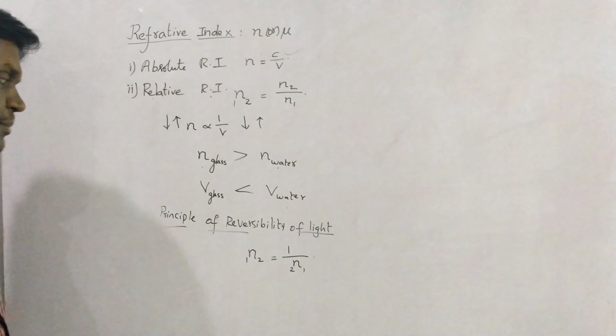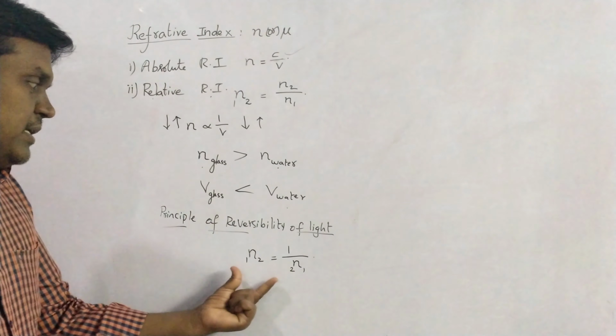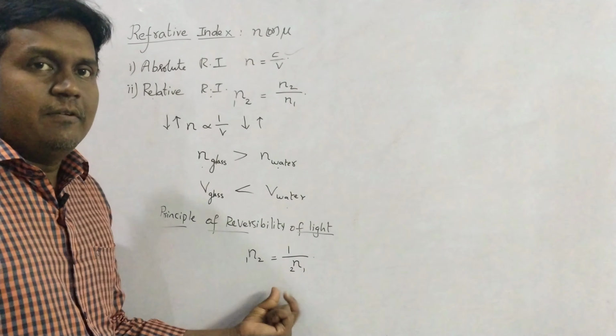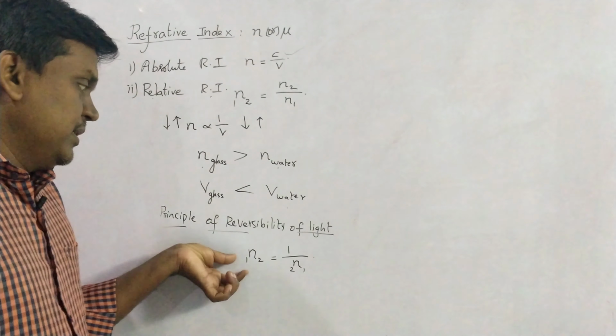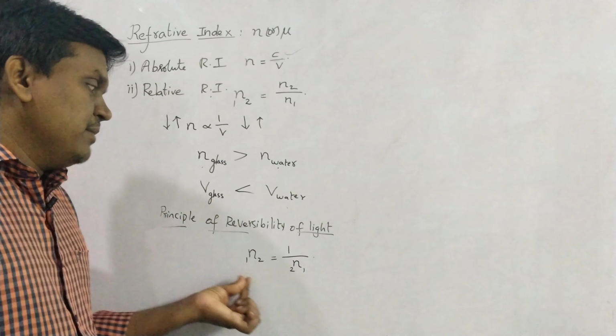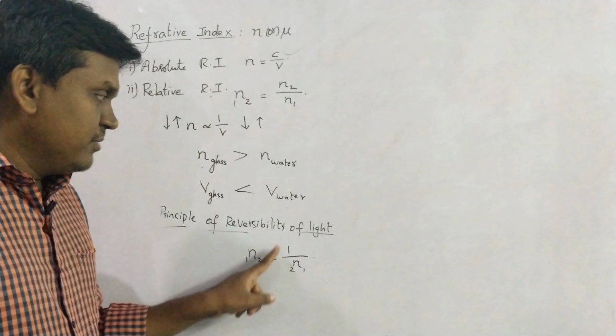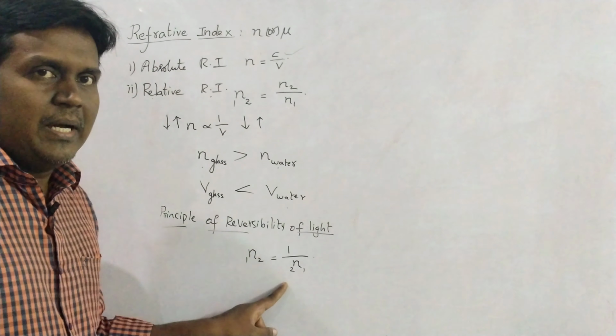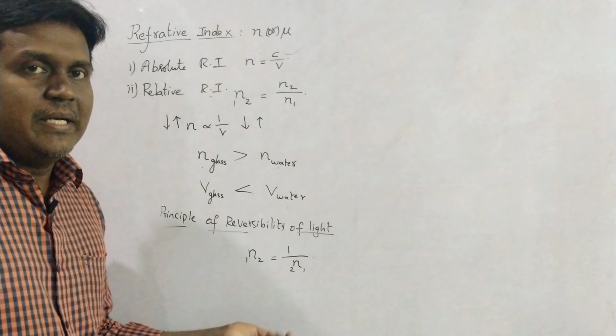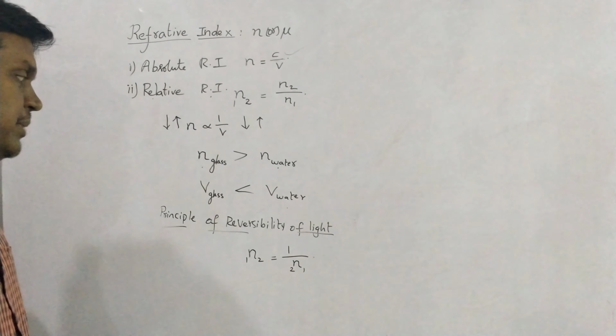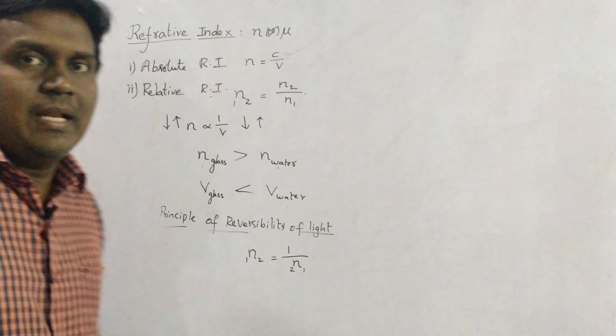So by applying the principle of reversibility of light, we can reverse the medium. That means medium 2 to medium 1 can be written as medium 1 to medium 2, as an inverse, 1 by. So that is called the principle of reversibility of light.